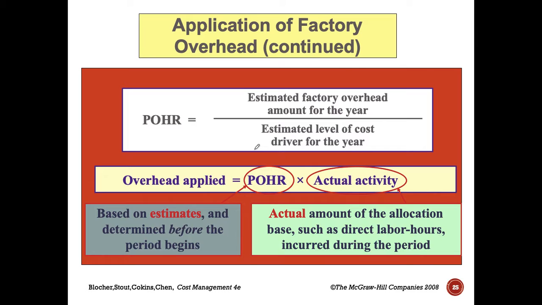The predetermined overhead rate is based on estimates and determined before the period begins. And actual activity is the actual amount of the allocation base, such as direct labor hours, incurred during the period.